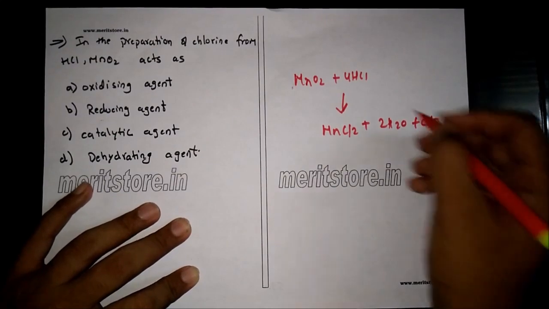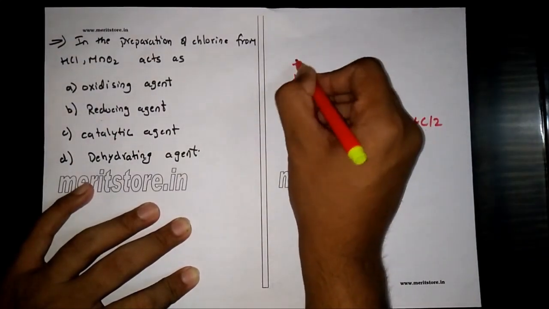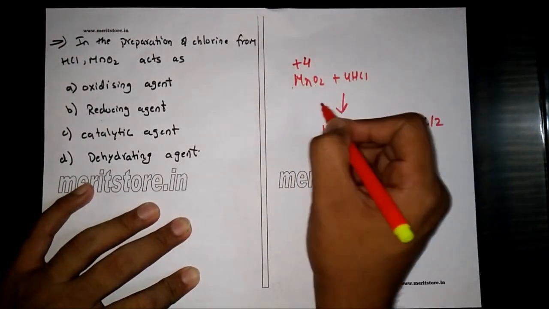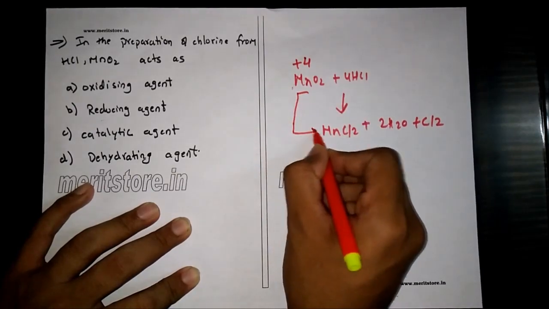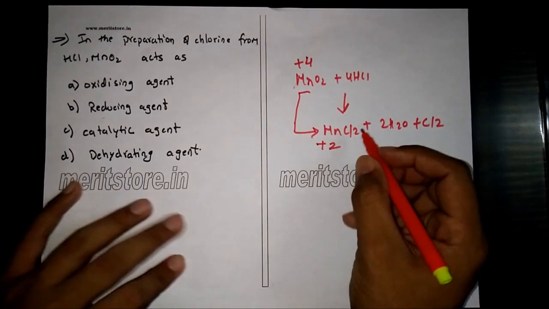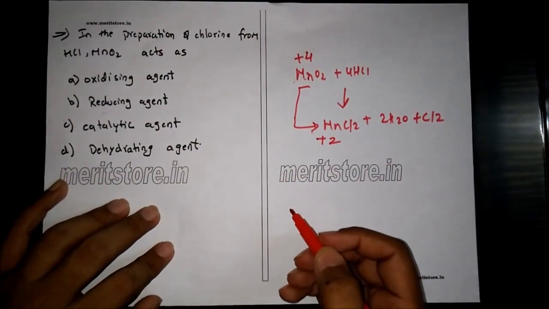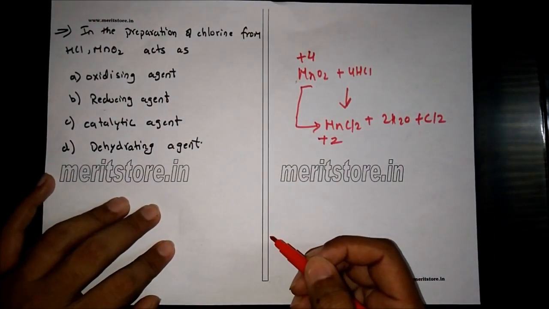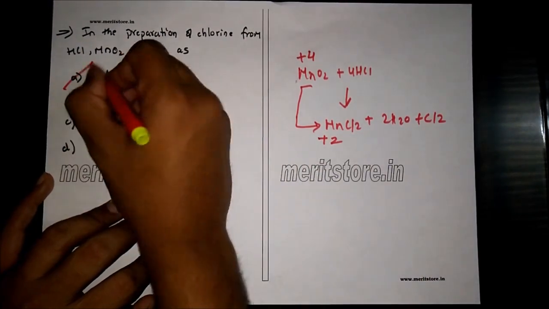Here Mn in MnO2 has an oxidation number of +4, which goes on reduction, and hence the oxidation number reduces to +2. Therefore, MnO2 acts as an oxidizing agent, and the correct answer is option A, oxidizing agent.